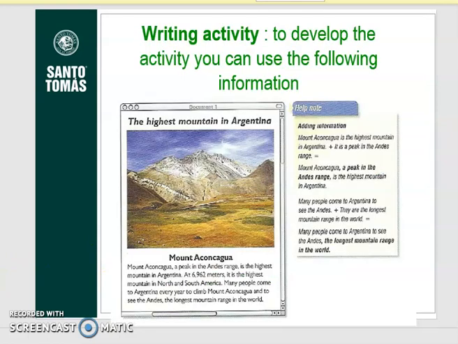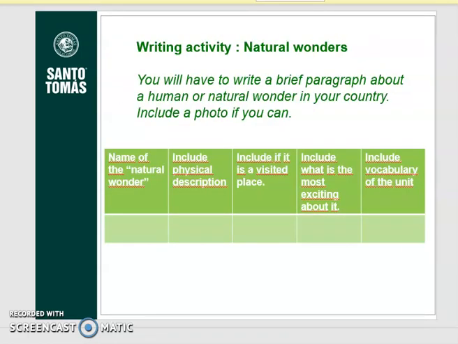Write an activity. To develop the activity, you can use the following information. All right, so what should we do in this activity, to be more precise? According to the information, Monte Aconcagua is the highest in Argentina, and so on. So, dear all, what is the activity? What you should try to do?